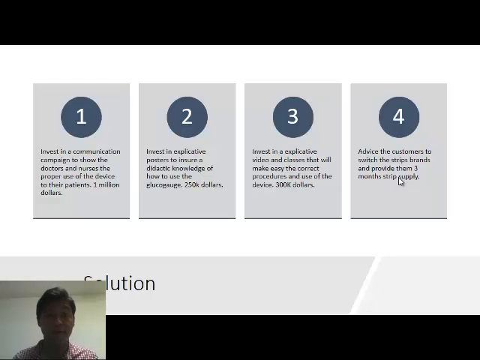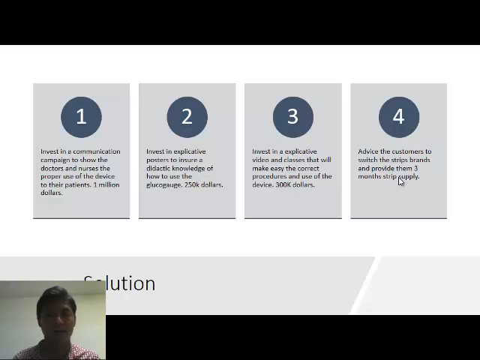The solution that I found was, first, to invest in a communication campaign to show the doctors and nurses how to properly use this device. The second one is to invest in explanatory posters that show customers in a didactic way how to use the device.